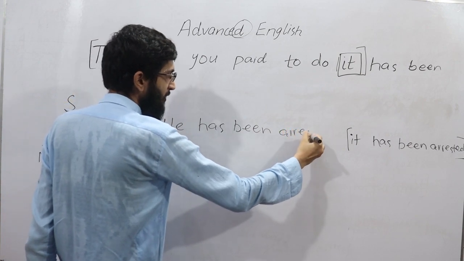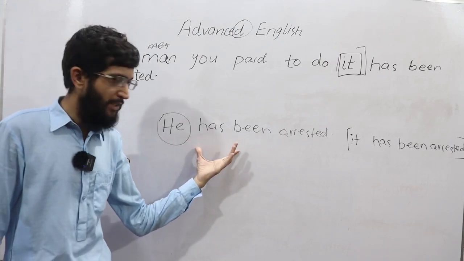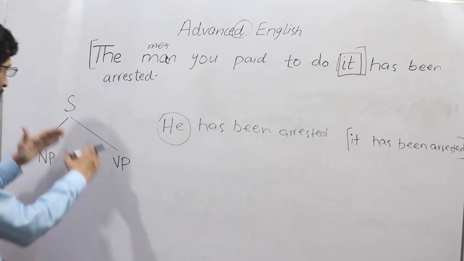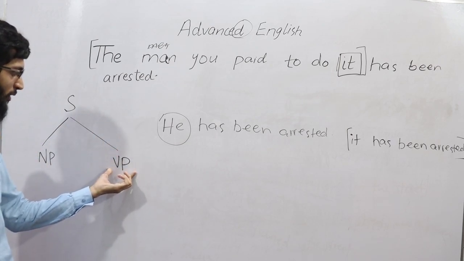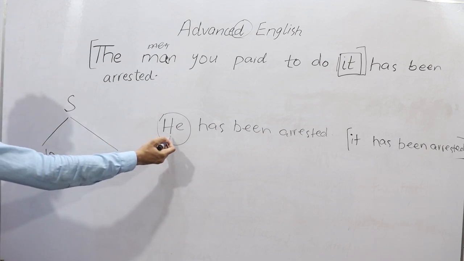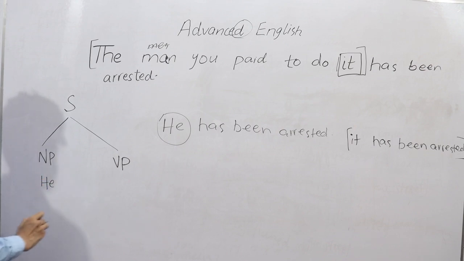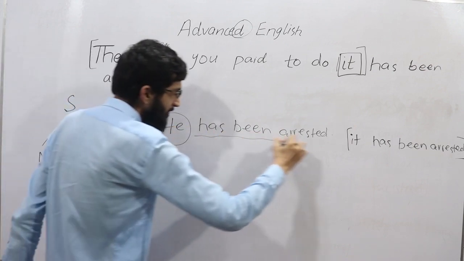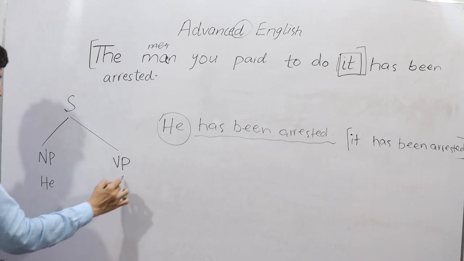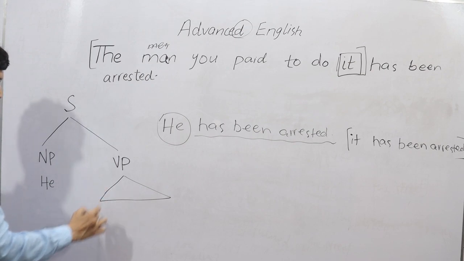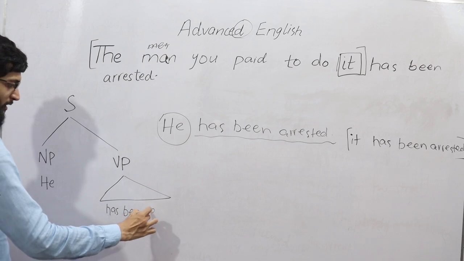Okay, is that easy to understand? In order to understand this bigger sentence, we have to divide this small sentence into two parts. I have already told you a sentence can be divided into two parts, noun phrase and verb phrase. So here this is the subject or noun phrase, he is the subject, and this is the complete verb phrase, has been arrested.